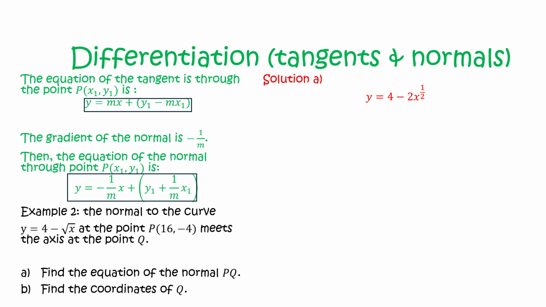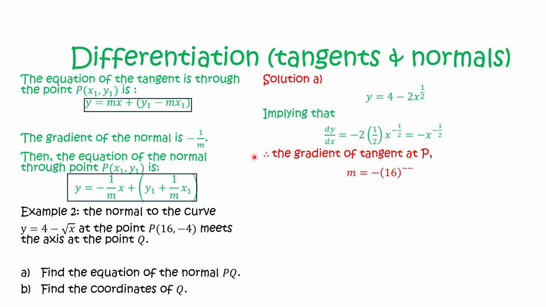The solution. We know that we can express y as 4 minus 2x to the power half. This would then imply that dy/dx is going to be minus 2 times half times x raised to the power minus half. Simplifying that further, we get minus x raised to the power minus half.